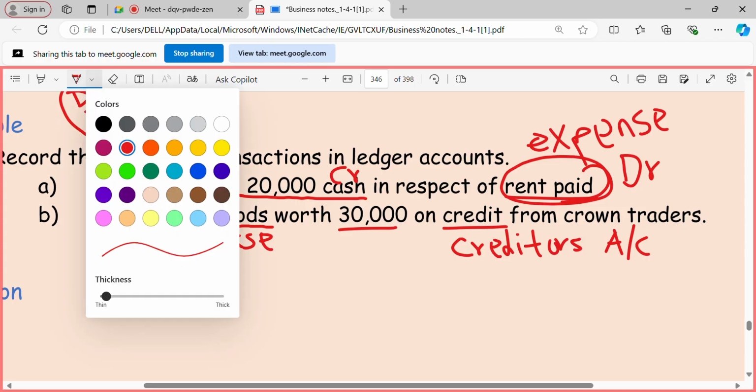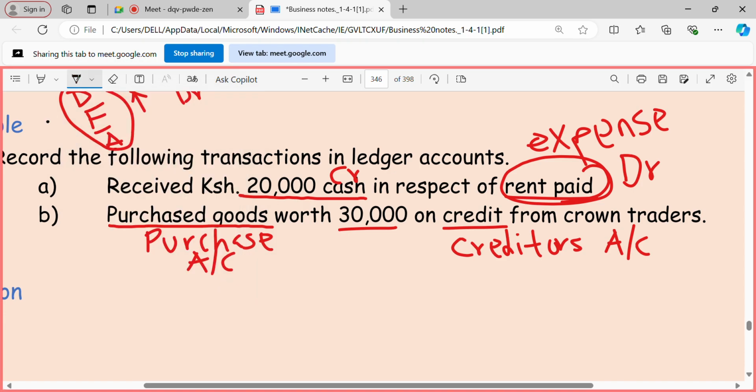Then whenever you buy something or you sell something on credit, you have the creditors account. So the two accounts that you are going to have here are the purchase account, because of the word purchase, and then the creditors account, because you are buying something kwa deni.